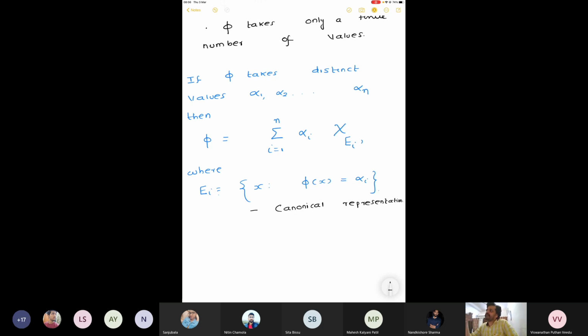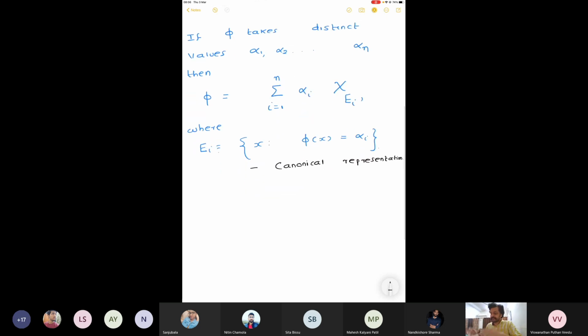Now, mimicking what we did for piecewise constant functions or step functions in the Riemann integration theory, we can define the integral for simple functions. That was the next thing we did.